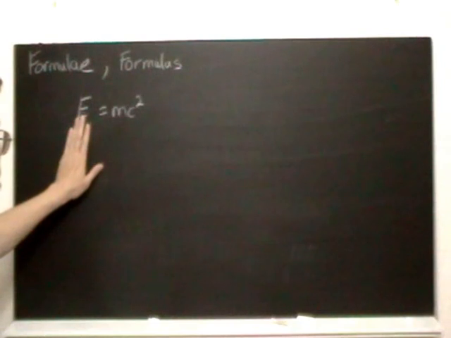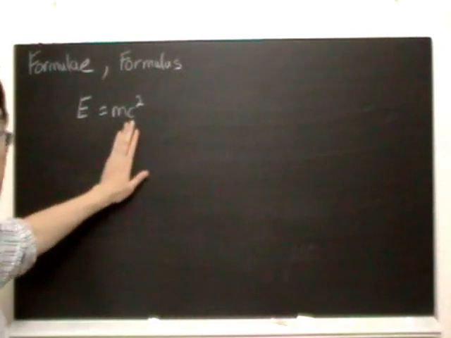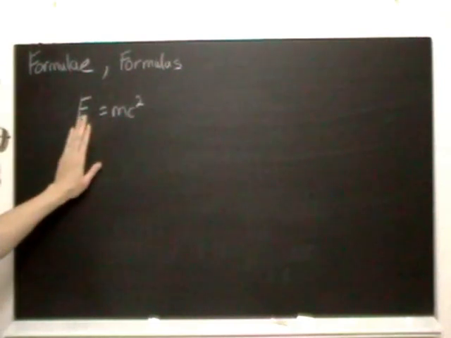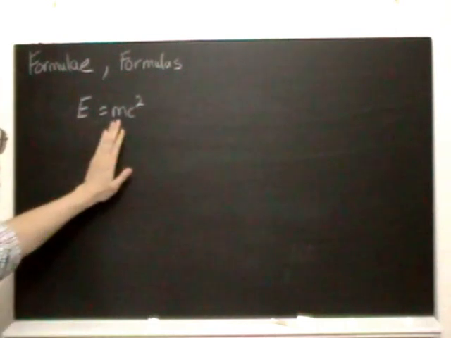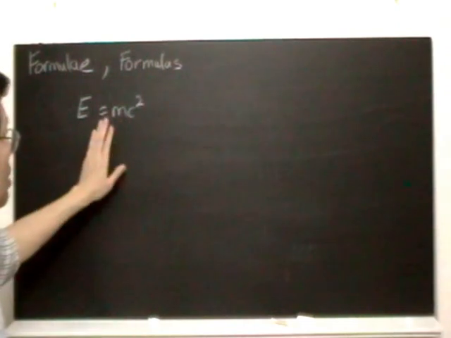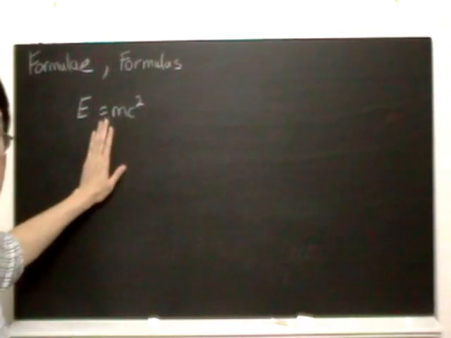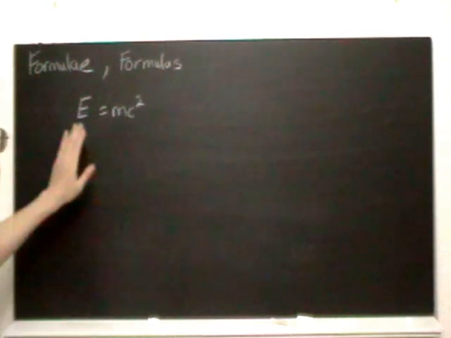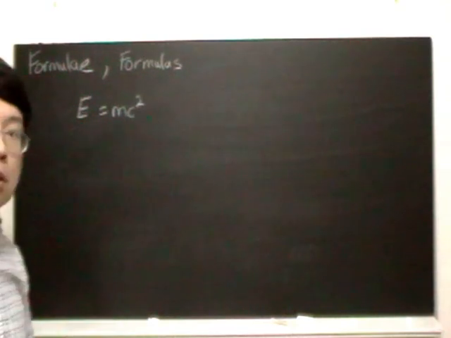So what we have here is three symbols, and the symbol E is related to the symbols M and C by this equation. Such an equation is called a formula.